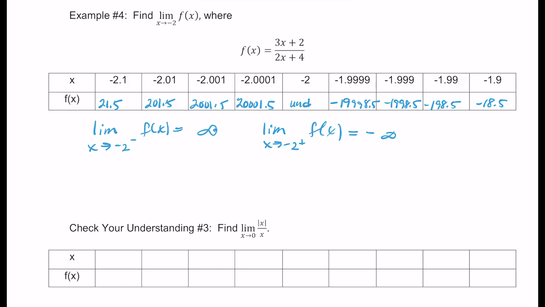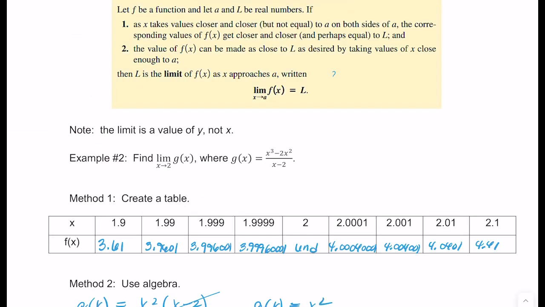Now notice that both of my one-sided limits are not the same. So that tells me then that the limit as x approaches -2 of 3x plus 2 over 2x plus 4 does not exist. Because in order for the limit to exist, remember there's those two things.